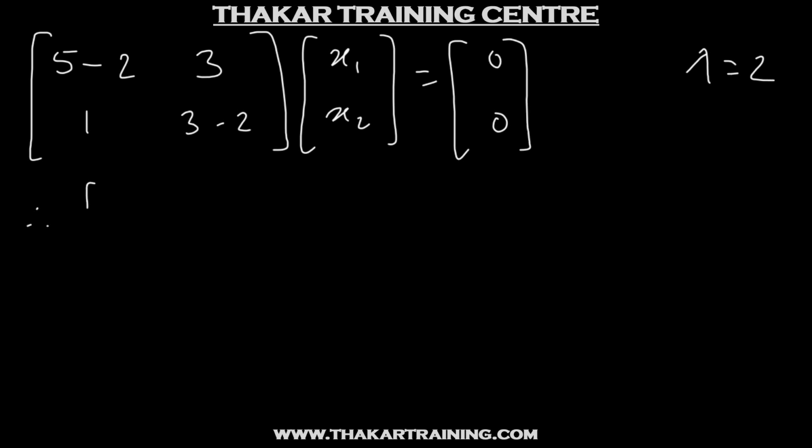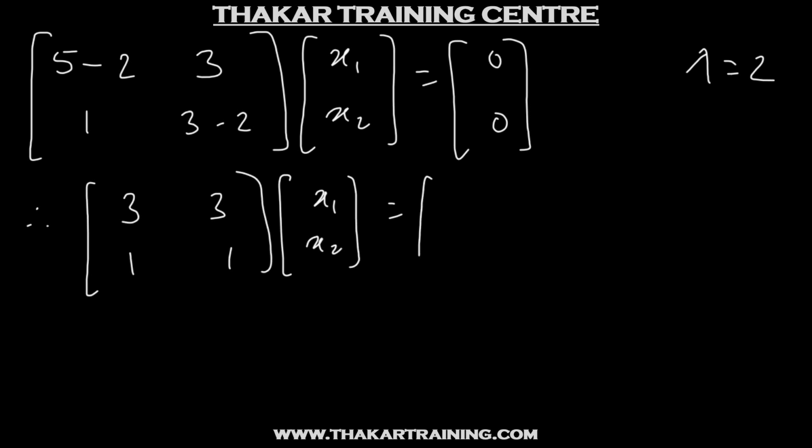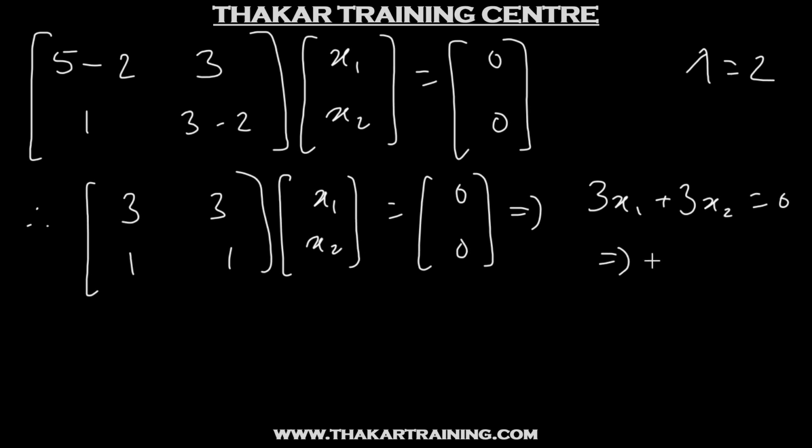Now this becomes 3, 3, 1, 1, times x1, x2, equal to 0, 0. And what equation do we get then? This is 3x1 plus 3x2 equal to 0, or even the other one would eventually give us x1 equal to minus x2.